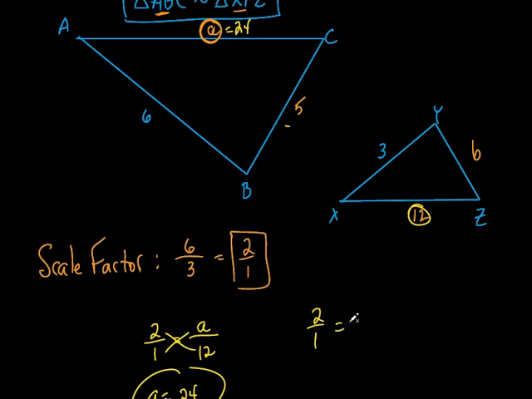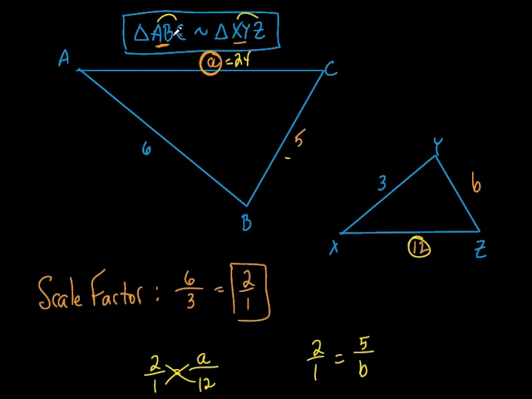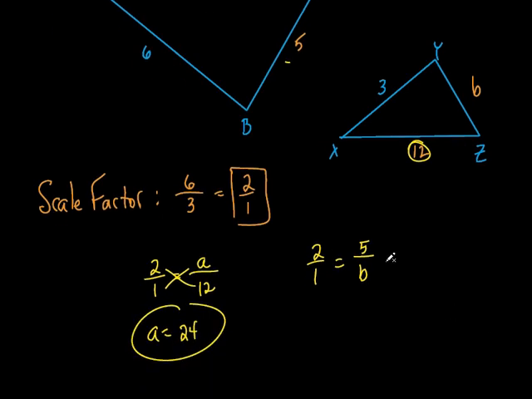I take 2 to 1, and I set it equal to 5 to B. How do I know 5 and B go together? Because this side 5 is BC. It's the last two. So that has to correspond with YZ. YZ is this one right here, and that's B. Hope that makes sense. Now we cross multiply, and we solve.